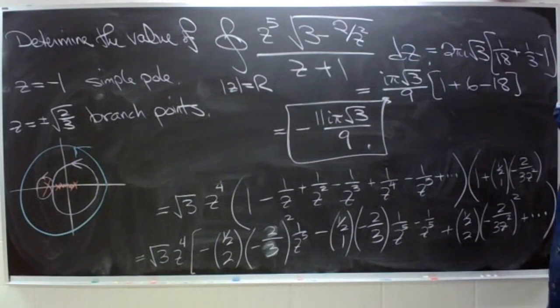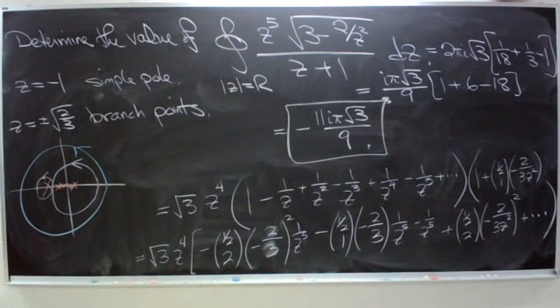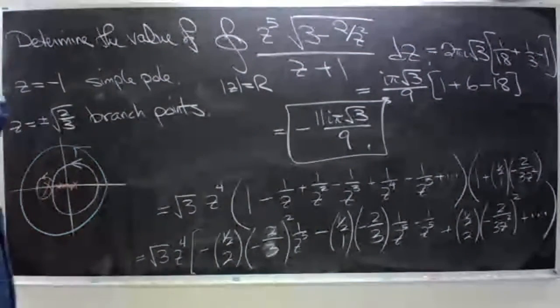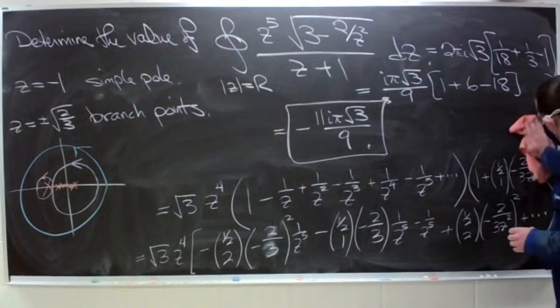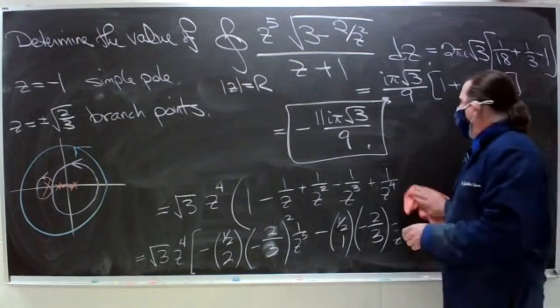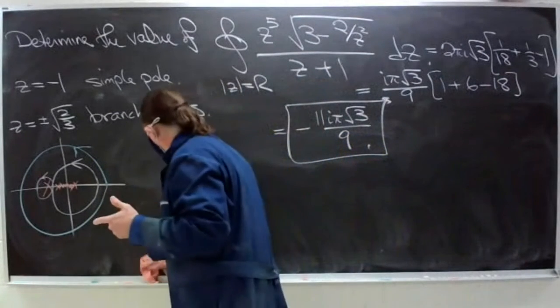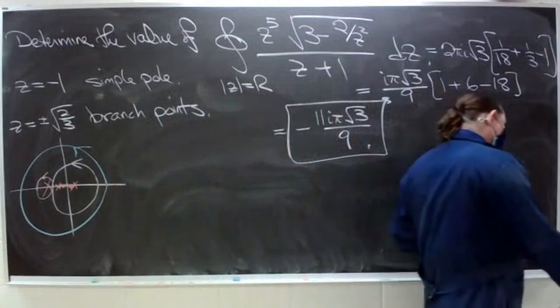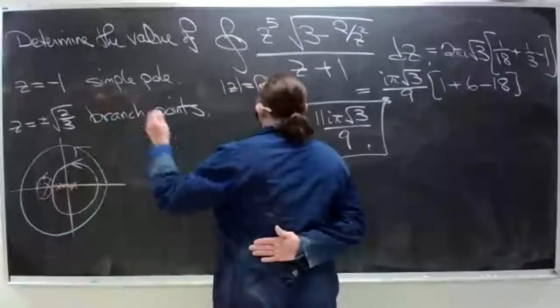Okay? The integral around a simple pole. I've already got the blue integral. That's the tricky one. So let's see what the purple integral gives.